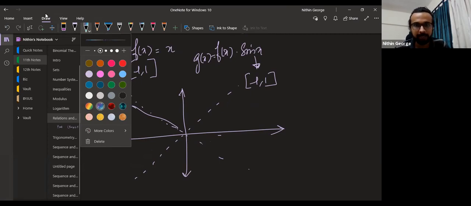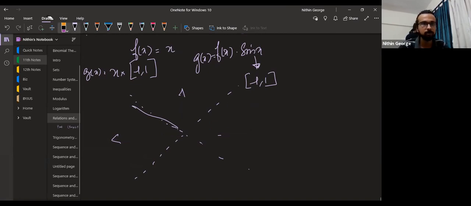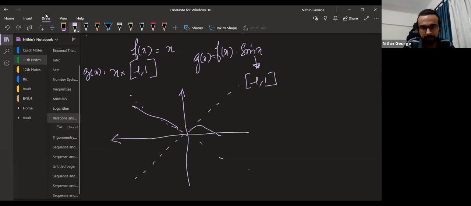Okay. So sin x, I already know the shape of sin x. Sin x goes, this is a horrible sin x graph. Sin x goes like this. All right. Between -1 and 1. Now, the idea is x into sin x.